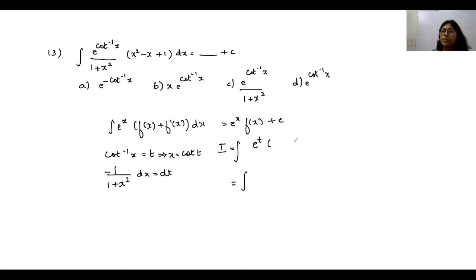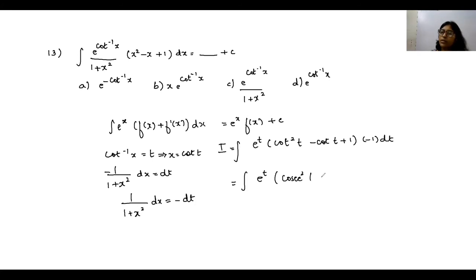So we now have here cot square t minus cot t plus 1. And dx is actually 1 upon x square dx is there, and we have a negative sign here, or rather it is minus dt. So I'll write minus 1 into dt. Now let's see which of the following is a function. Cot square t plus 1 is cosec square t minus cot t into minus 1.